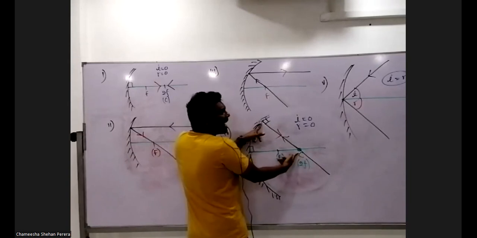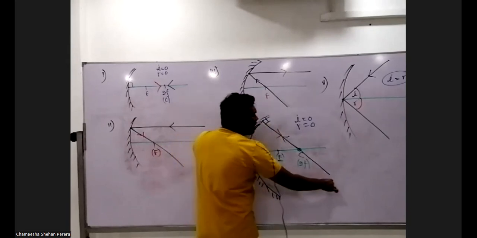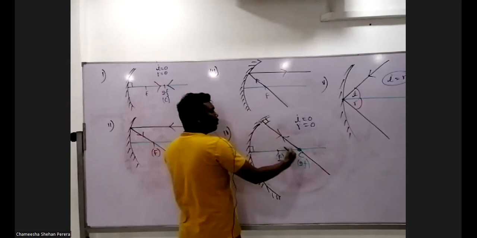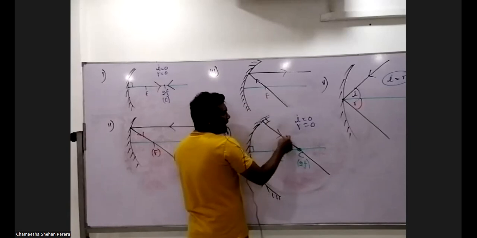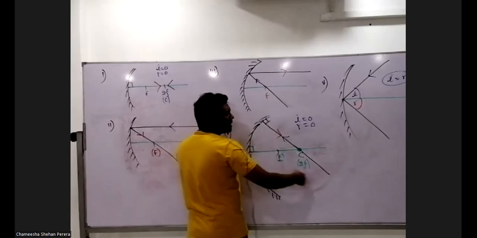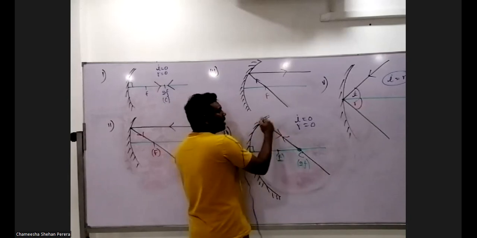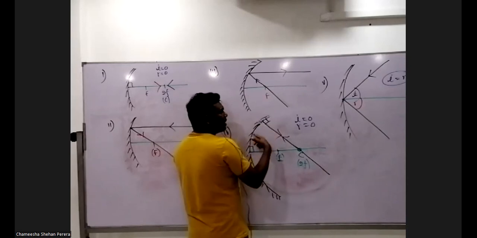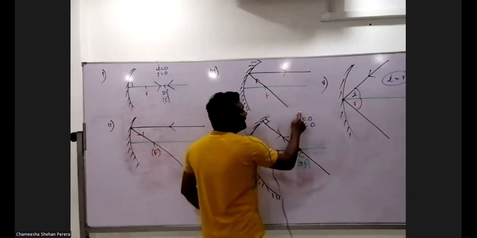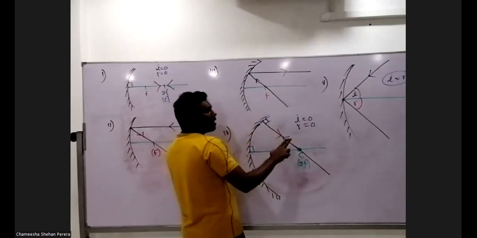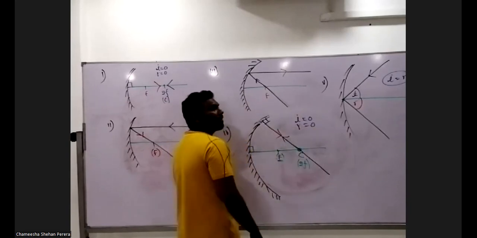Any radius reaches the circumference with a perpendicular, which means this incident ray strikes the concave mirror surface with a perpendicular, so the incident angle here is 0. According to the laws of reflection, the reflected angle also has to be 0. So this light ray also gets back along the same pathway after the reflection.